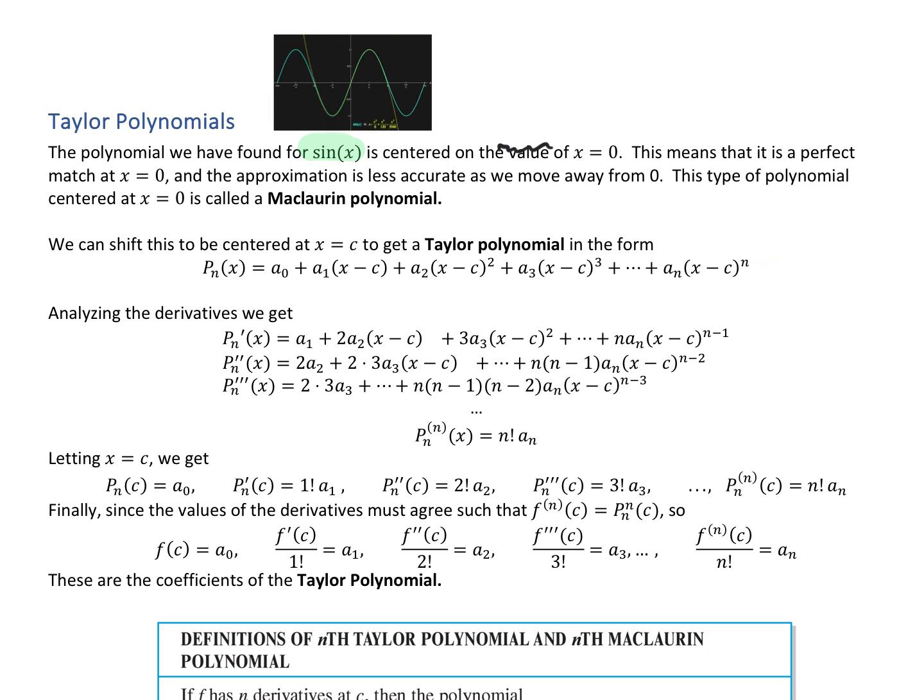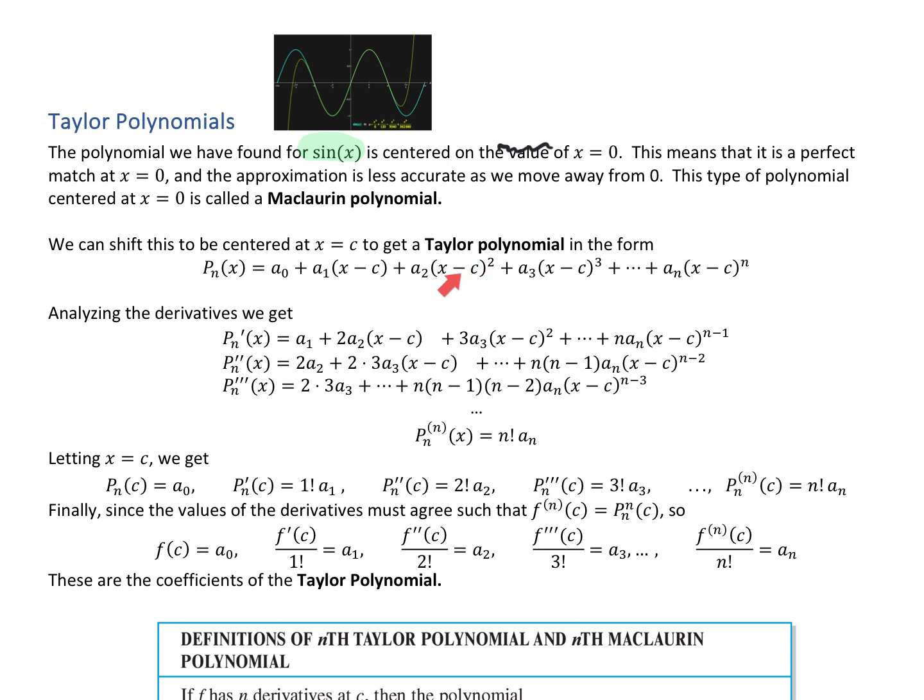Now notice this. When we take the derivative with respect to x, then this constant goes away. And this, which has an x to the first, the derivative here will just be a1.